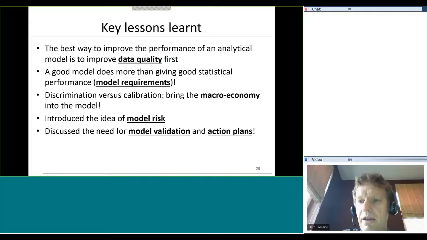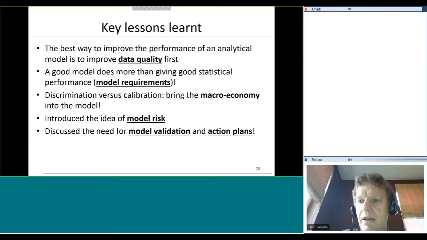It should also be interpretable, it should be justifiable, it should come at low economical cost, it should be regulatory compliant, and it should be operationally efficient. We also zoomed into the difference between discrimination versus calibration, whereby we strongly advocated the idea of bringing the macroeconomy into the model. We zoomed into the concept of model risk and discussed the need for model validation and action plans.